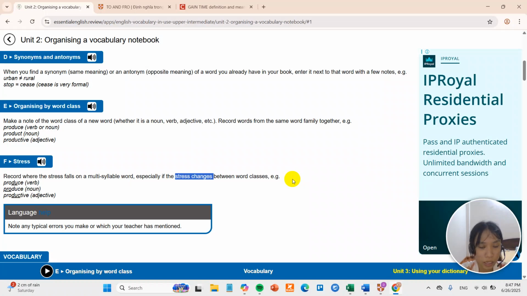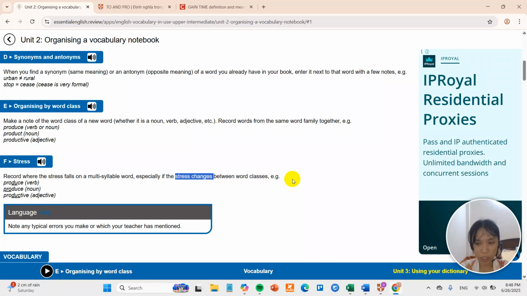E. Organizing by word class. Make a note of the word class of a new word, whether it is a noun, verb, adjective, etc. Record words from the same word family together. Example: produce, verb or noun. Product, productive, adjective. Stress. Record where the stress falls on a multi-syllable word, especially if the stress changes between word classes. Example: so there are word classes.